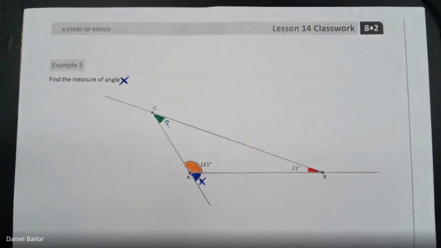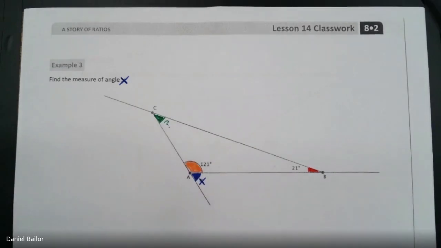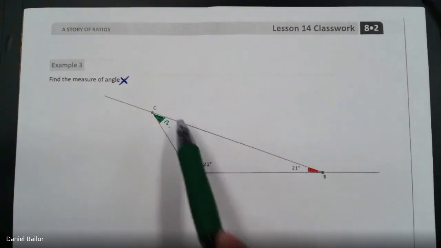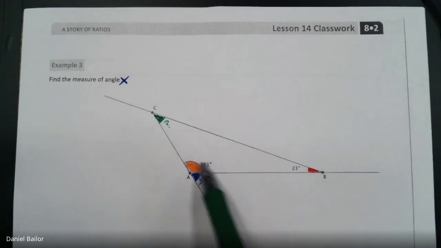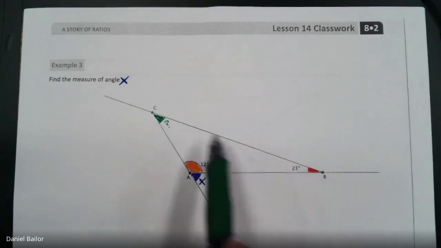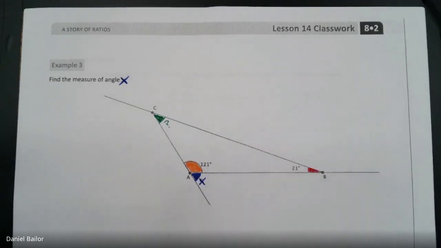Now, you could find the green one if you wanted to, but there is a shorter way to do this, because what you could do is add the orange, add the red, and do 180 minus the orange and the red, and that will tell you the green. And then you could do green plus red to find the blue. But you don't have to do that. There's a shorter and faster way to do this, and I'm lazy.